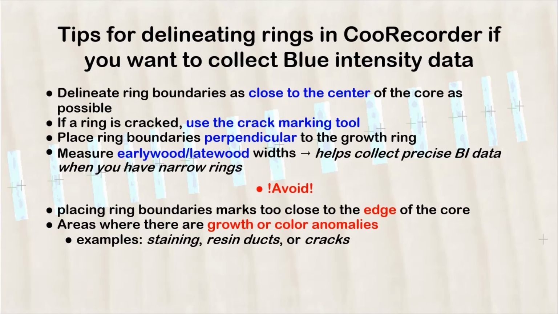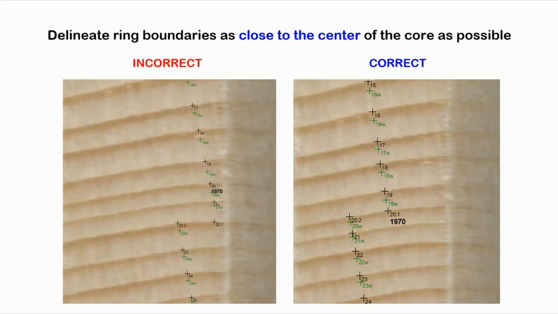Here are a few basic tips to guide you as you delineate rings for subsequent BI measurements. To demonstrate these tips, I'll next show you some good and not so good examples of ring boundary delineation for blue intensity measurements. First, we'll want to make sure that we delineate ring boundaries as close to the center of the core as possible.